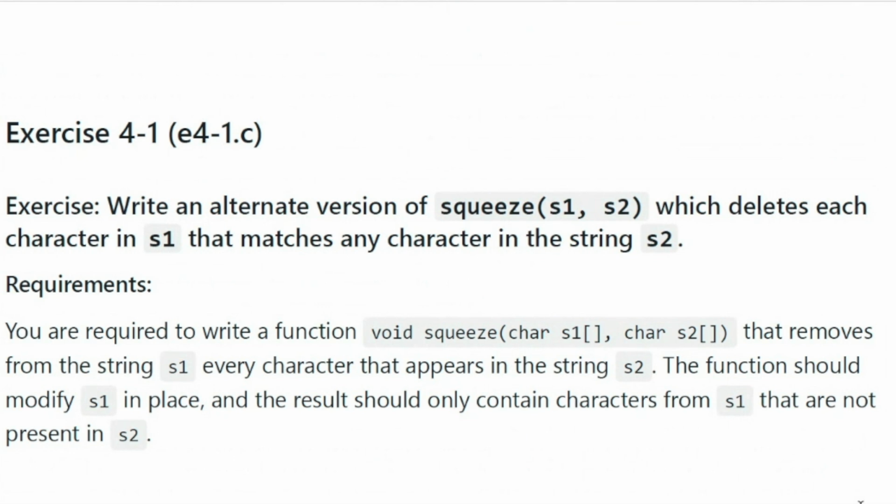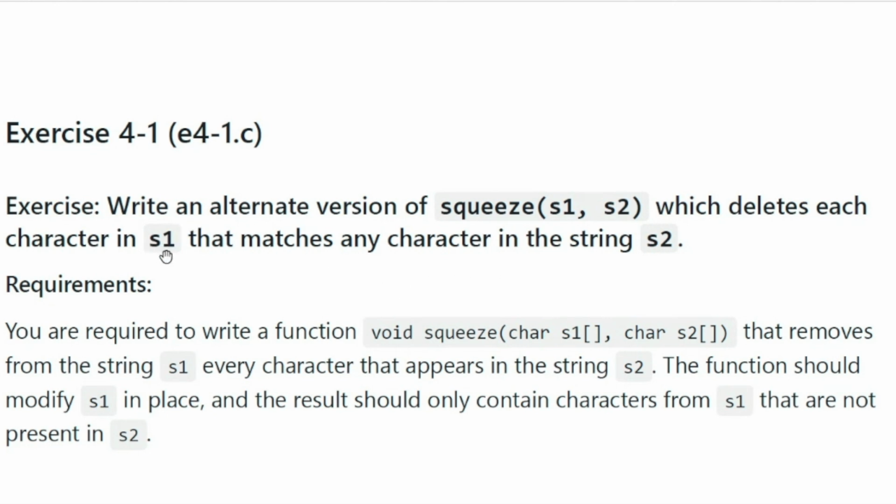All right. So in exercise 1, we talk about a function called squeeze. In this function, we're actually deleting whatever character shows up in string 2 from string 1. So you can imagine we iterate through both of them, right?